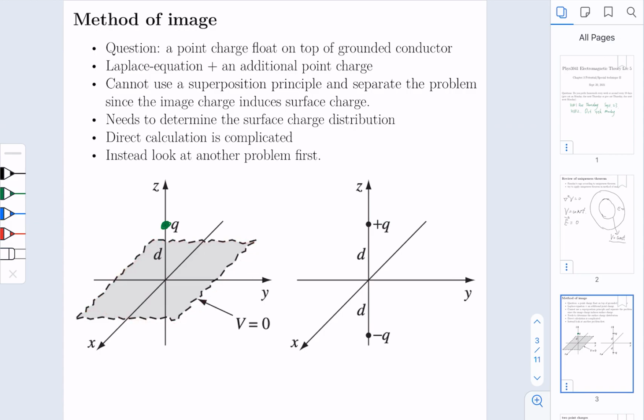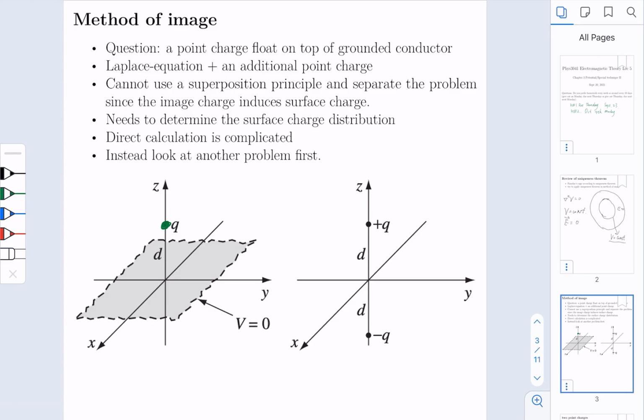Now the question is, what is the electric field above this conductor? You might think, why not use the superposition principle and separate the problem into two steps: one is the problem of a conductor, another is the problem of a point charge.